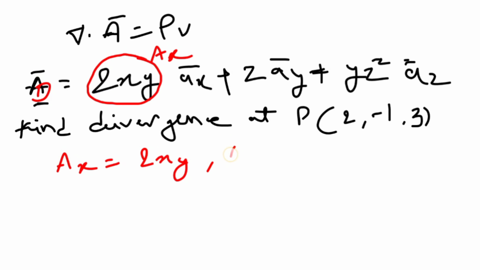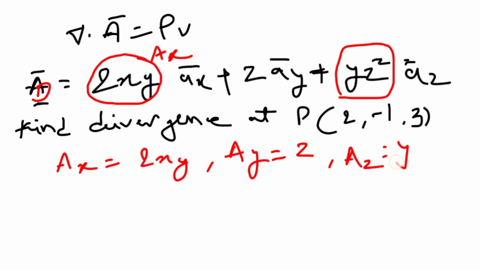Similarly, ay is z, in the y direction it is z, and az is yz square. Now, what is the divergence? Del dot A equal to rho v, or finding the divergence of this vector.